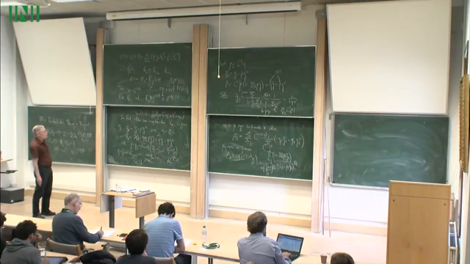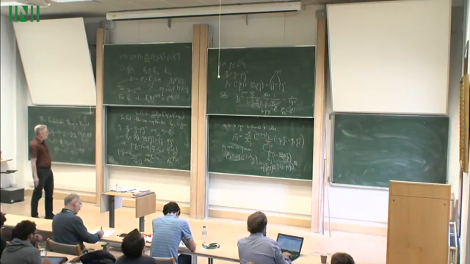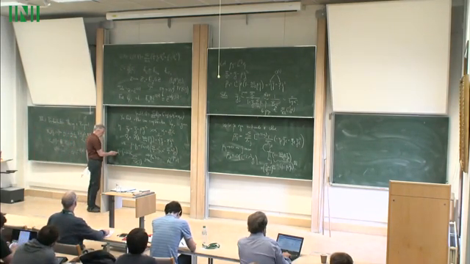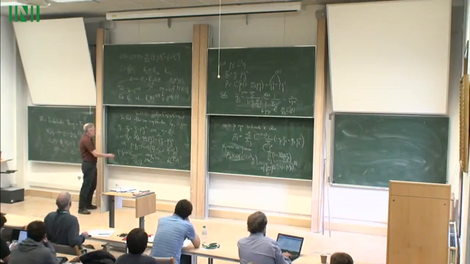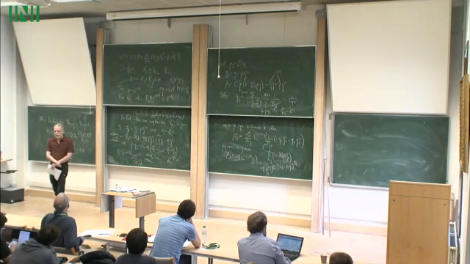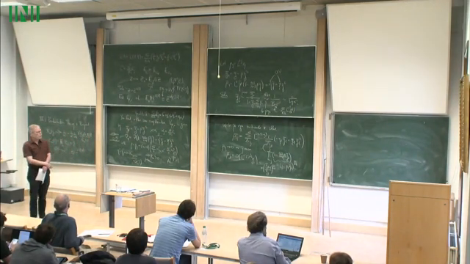I wrote down beta and I wrote down eta. Xi comes from this diagram, for example, or this diagram. But yeah, it's just functions of the covariance. They're completely explicit things.